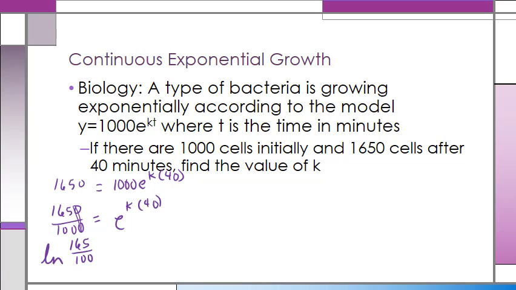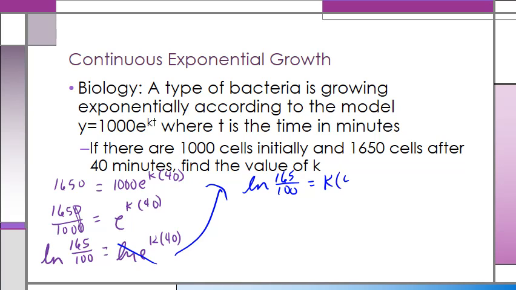Remember, I canceled the 1,000 place. Equals ln e raised to the power of k times 40. And of course, as we know, the natural log and the natural base cancel each other. And so that leaves us with ln 165 over 100 equals k times 40.